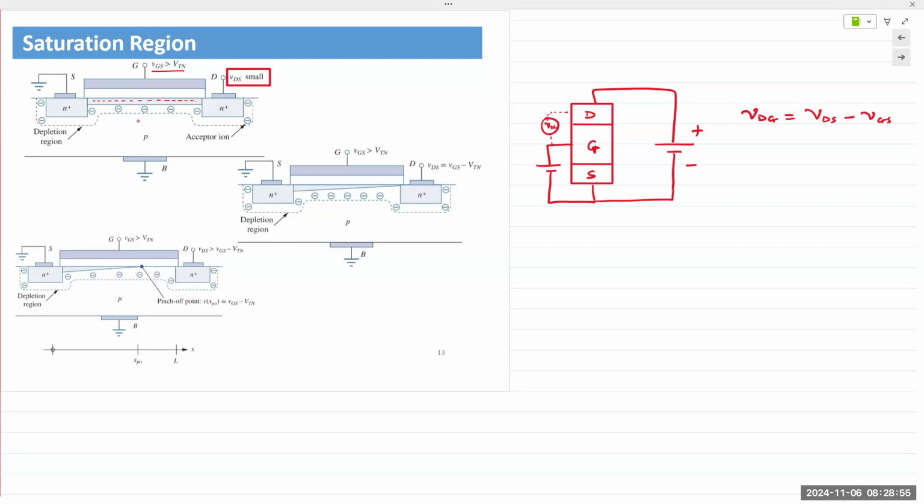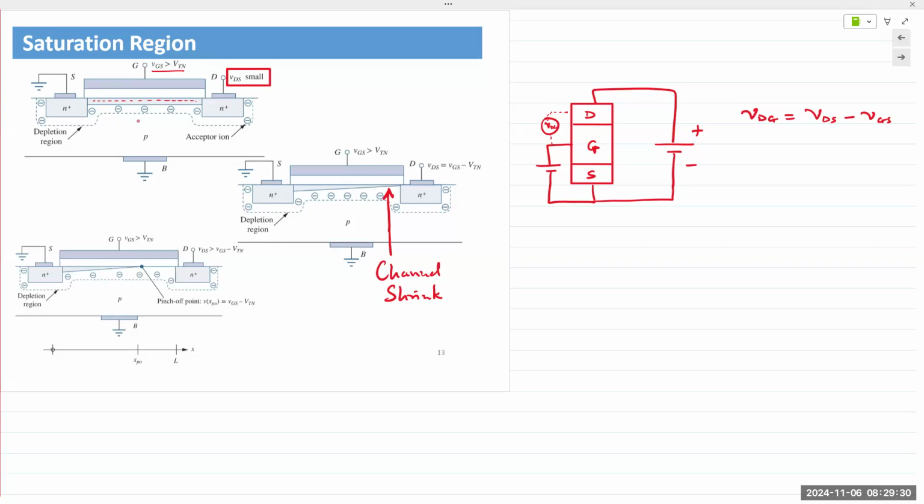And because of that applied voltage in the region right here, the channel starts to shrink. So it is a slightly different cause than the JFET, but the resulting effect is the same.